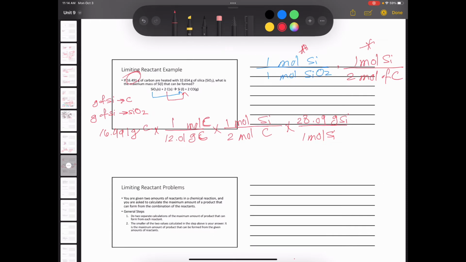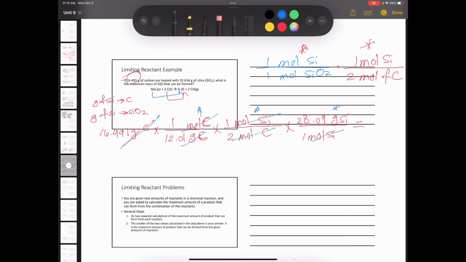Doing all these numbers together, grams cancel out with grams carbon. Now I have moles carbon, which cancel out with moles carbon. Now I have moles silicon, which cancel out with moles silicon.